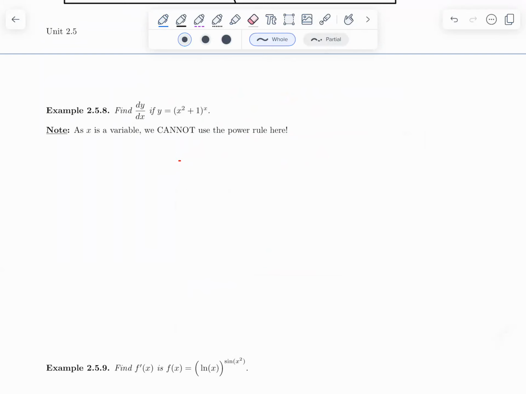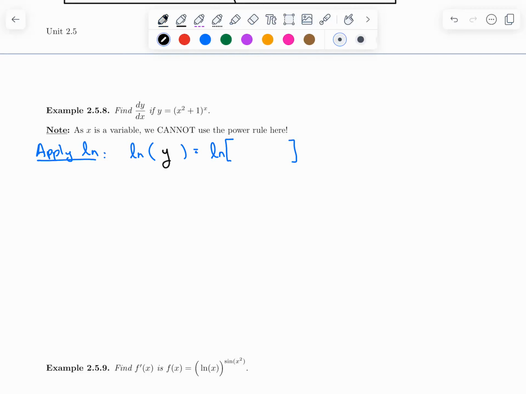So what we have to do instead is apply the natural log. You get the natural log of the left-hand side equals natural log of the right-hand side. That is natural log of y is equal to natural log of x squared plus 1 to the x.